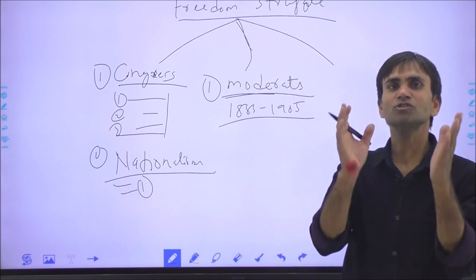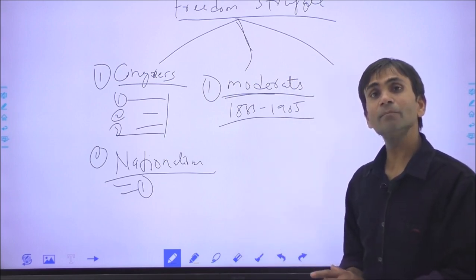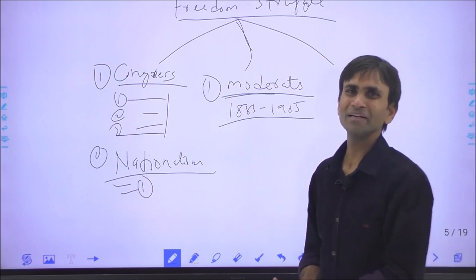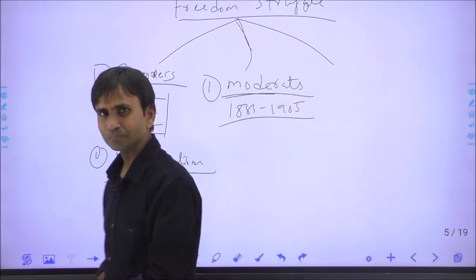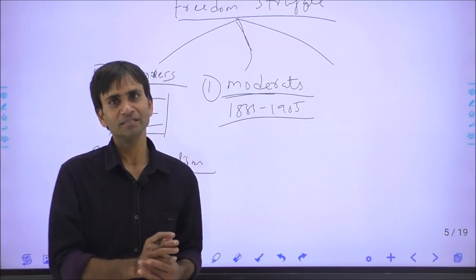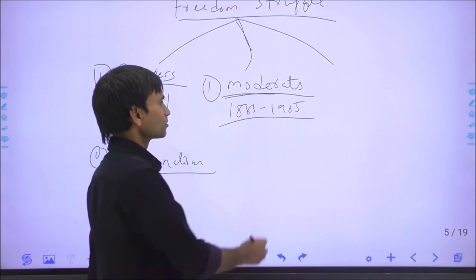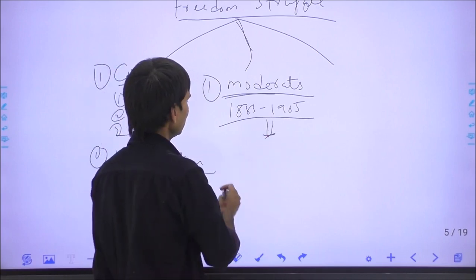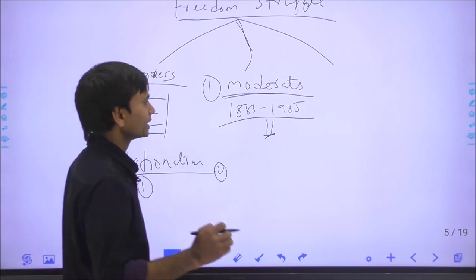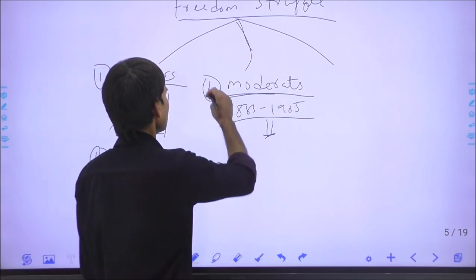What were the main demands of the moderates, and why did the moderates fail in Indian politics? Why did the British government not give much weightage to accepting their demands? So, different aspects of the moderate politics and what their success in Indian politics was, we have to point out.